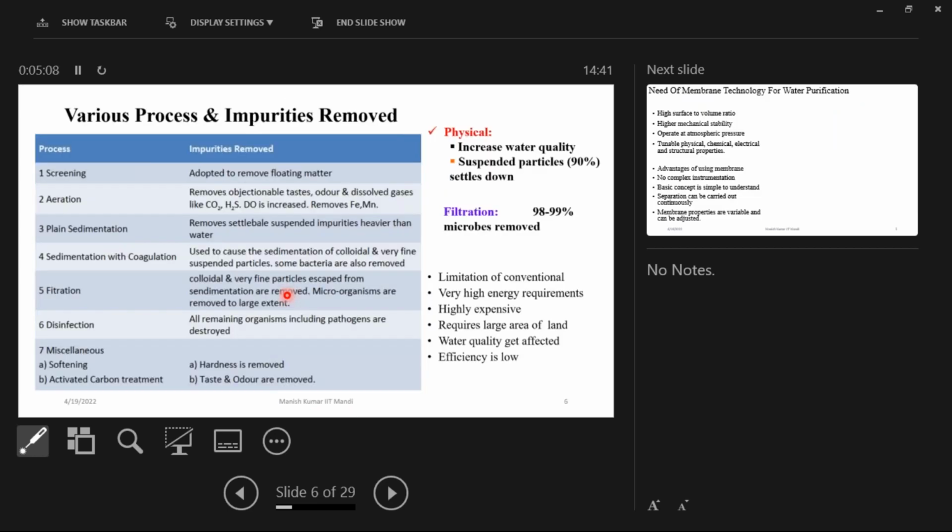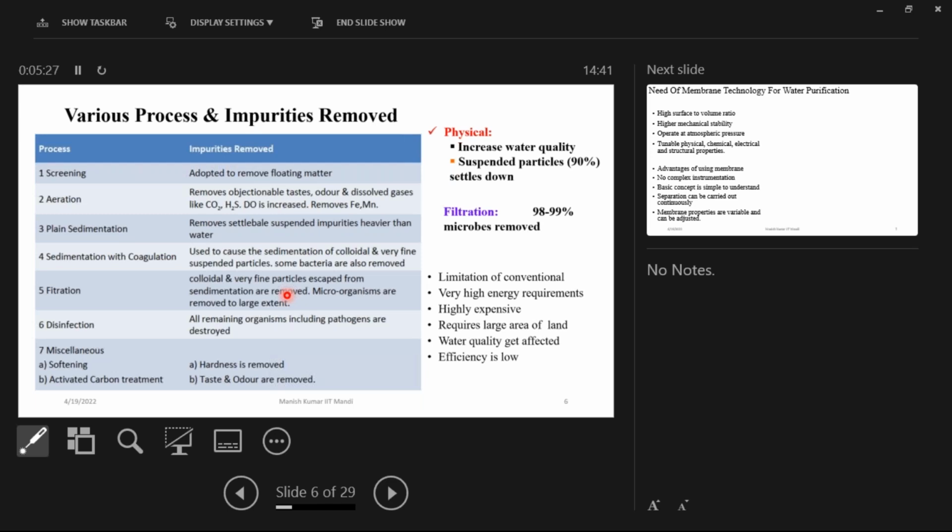These are the conventional techniques that we used earlier, but there are some limitations: very high energy requirements, high expense, a large land surface area requirement, water quality gets affected, and efficiency is very low.